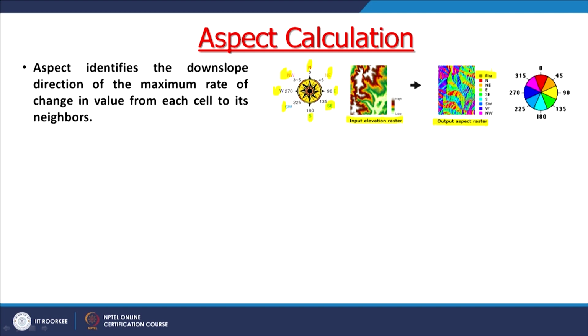All 8 pixels or cells have the same value as the center pixel, and therefore that area is identified as flat. So in the legend you will see a total of 9 boxes or 9 directions, but remember one direction is always about the flat.